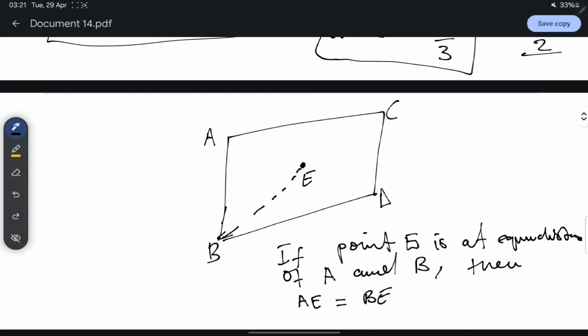If this point is at equidistance of this, then these distances are equal.